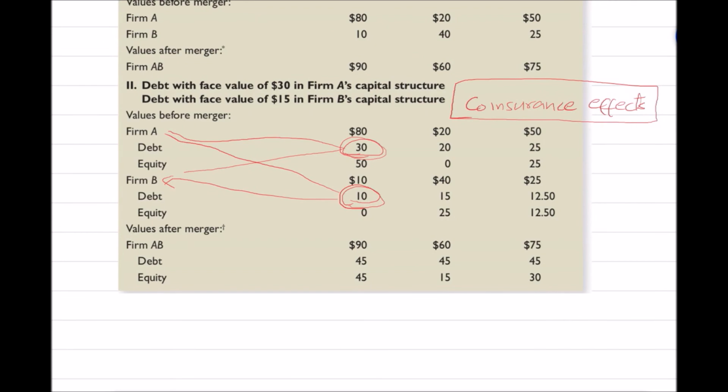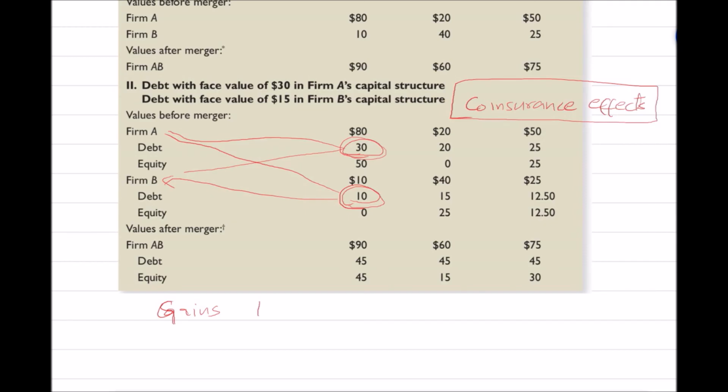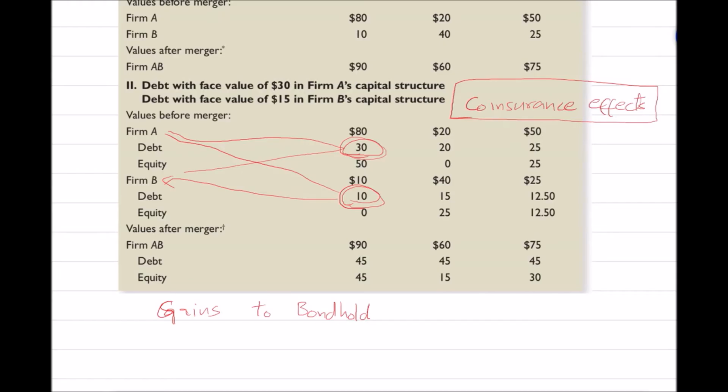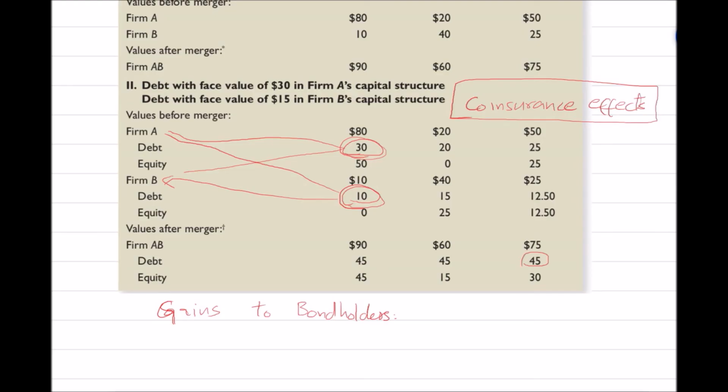Now calculate what is lost to the stockholders and what is gained by the debt holders. Let's talk about gains. Gains to bondholders. So bondholders can get 45, right?